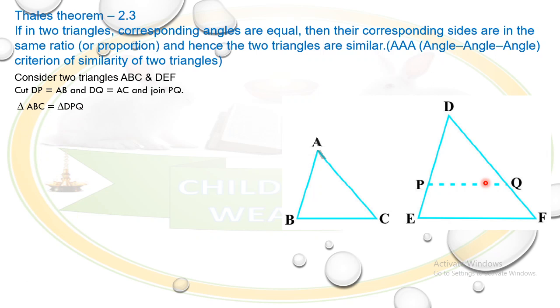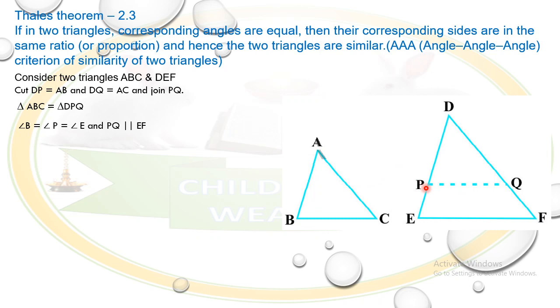If we draw like this, then we can say triangle ABC is congruent to triangle DPQ. As per the theorem itself, angle B is equal to angle P, because we have drawn triangle ABC inside triangle DEF.